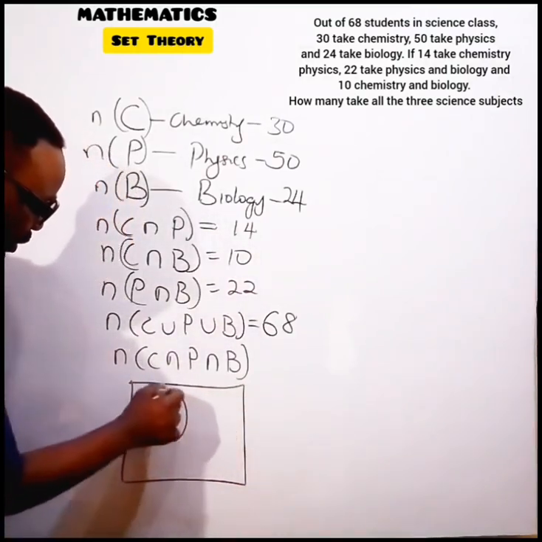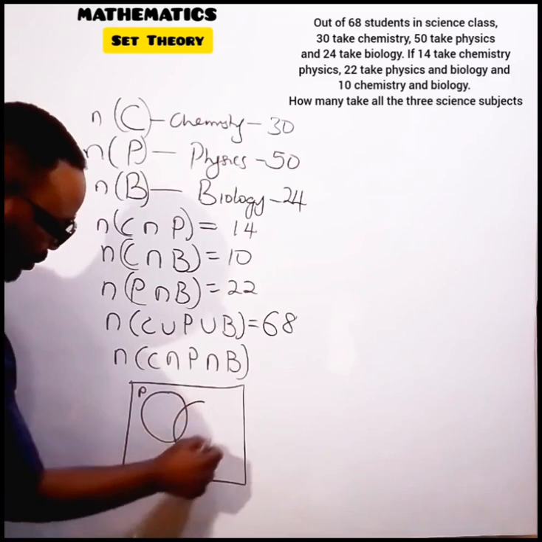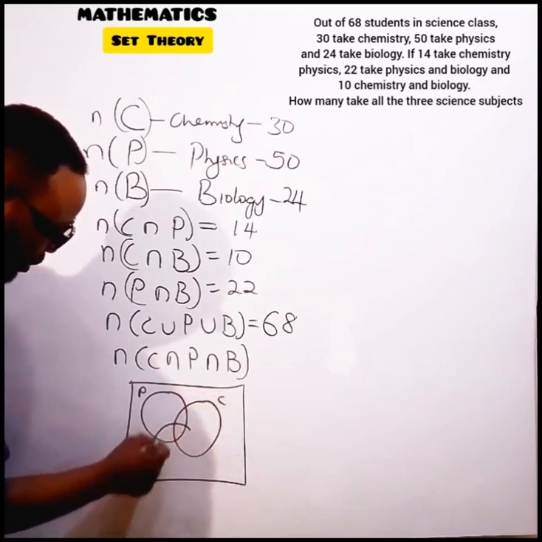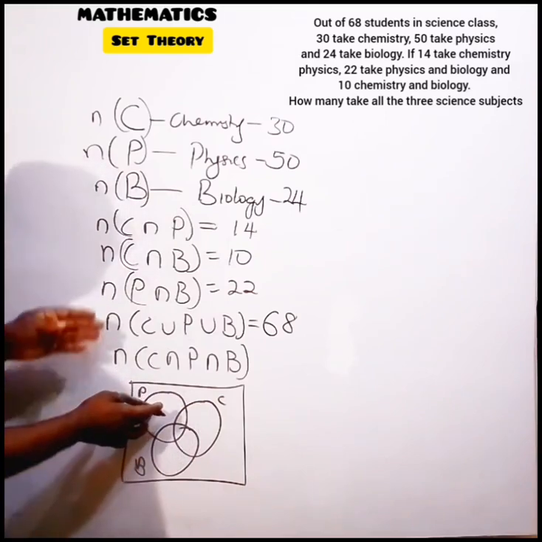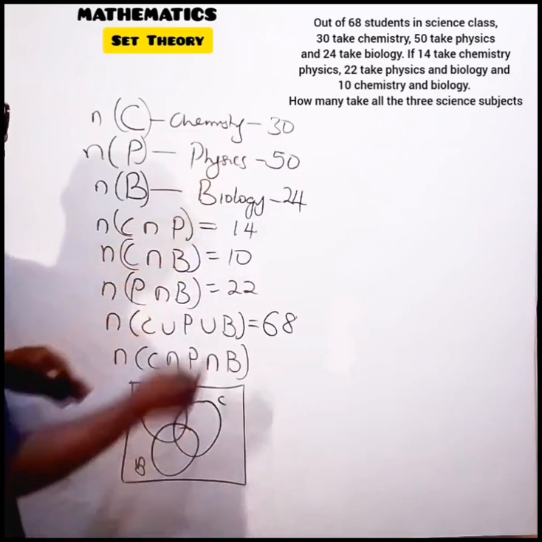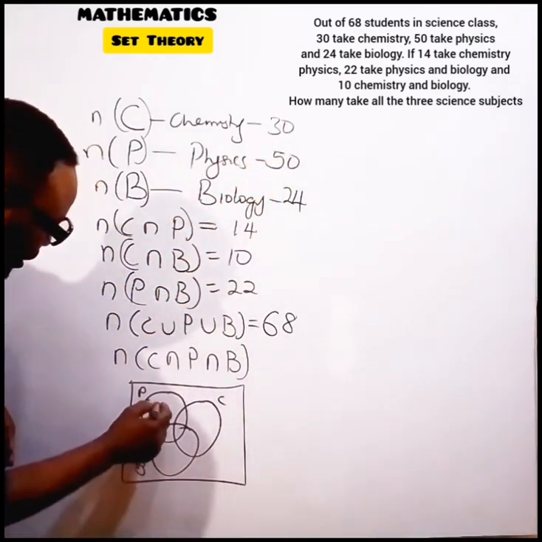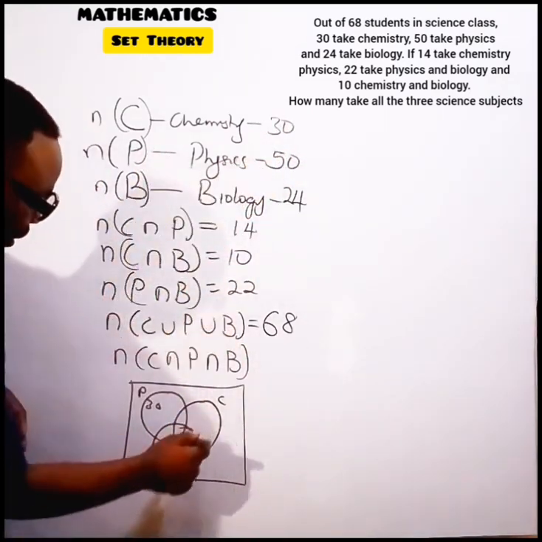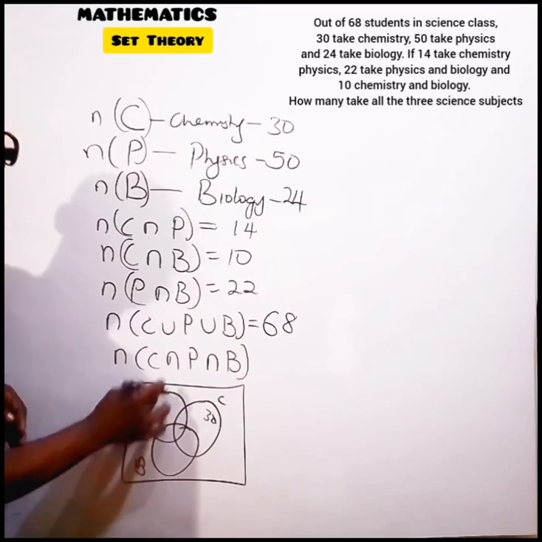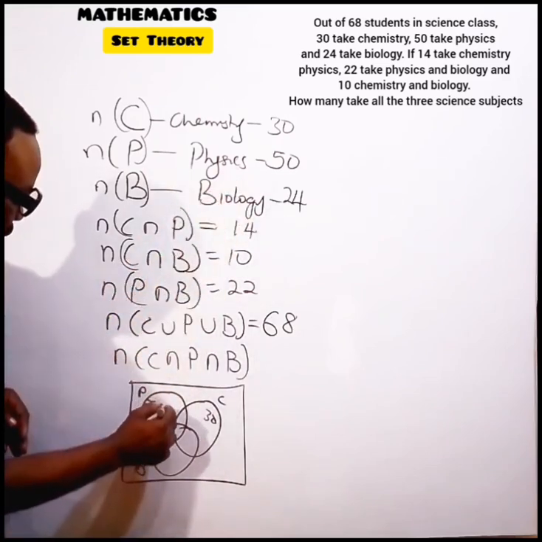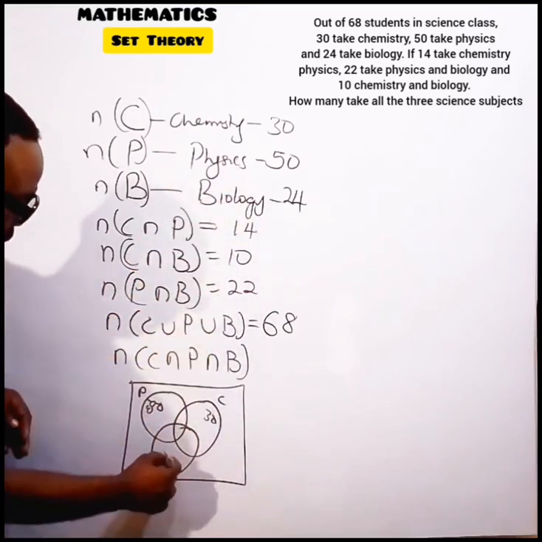Let's say this is physics, chemistry, and this is biology. The number of students in chemistry is 30, that of physics is 50, and that of biology is 24.